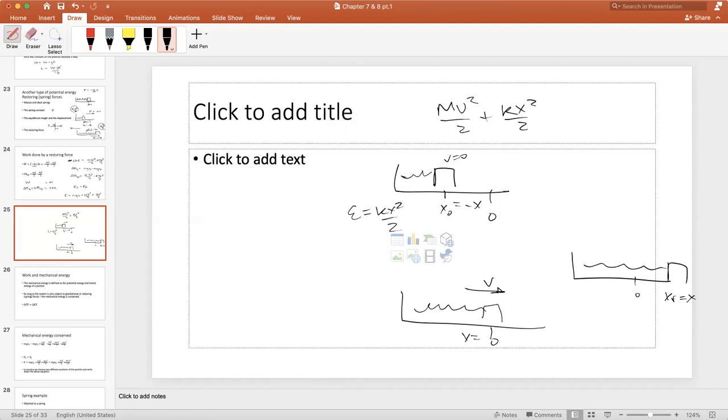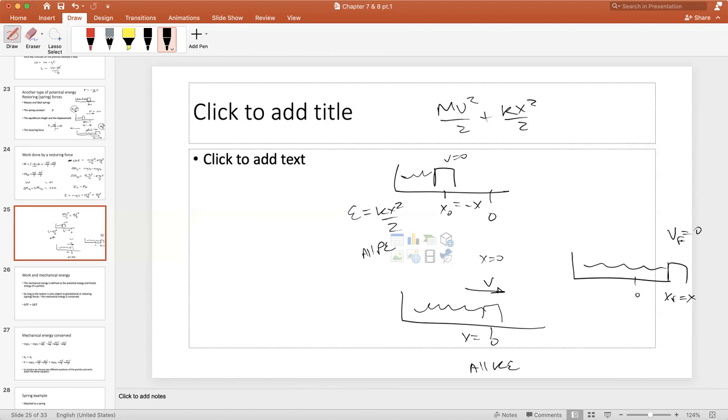Once you release it, it starts moving. And when it moves through here, since x is equal to 0, this term goes away. All of it is kinetic energy. All KE and no potential energy. And then it finally goes all the way to the right until it stretches the spring, and all of the kinetic energy has now become all potential, and it stops moving.